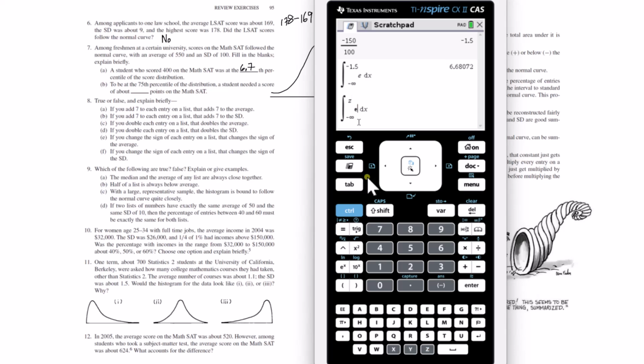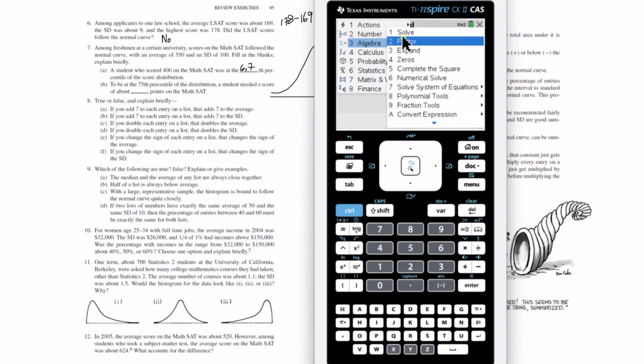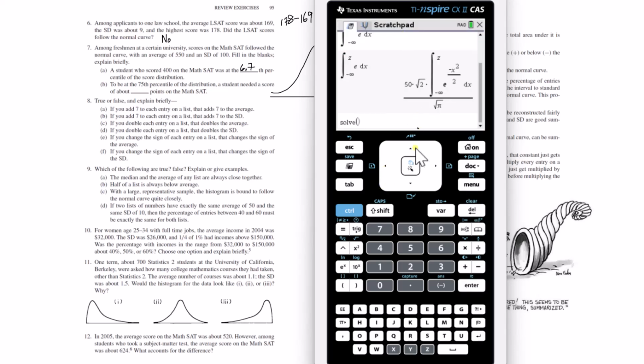Now we want to solve this, setting it equal to 75, for z.